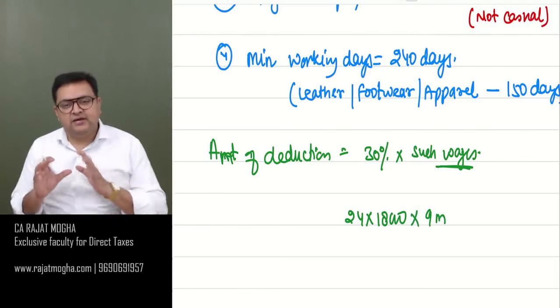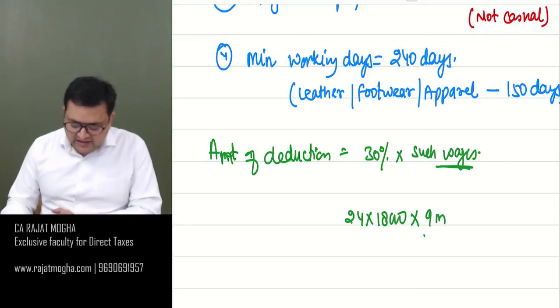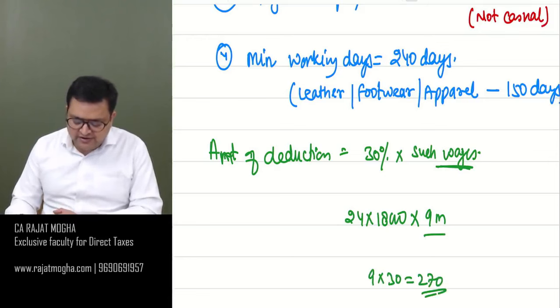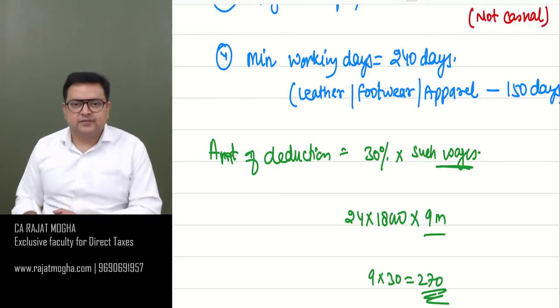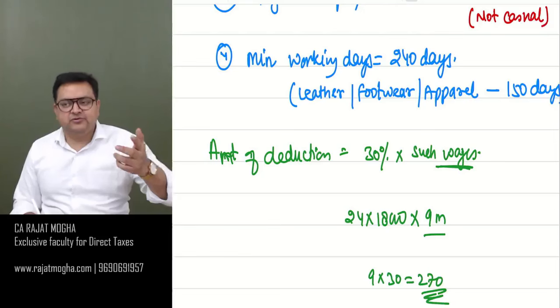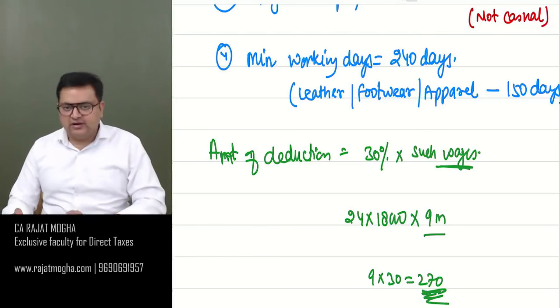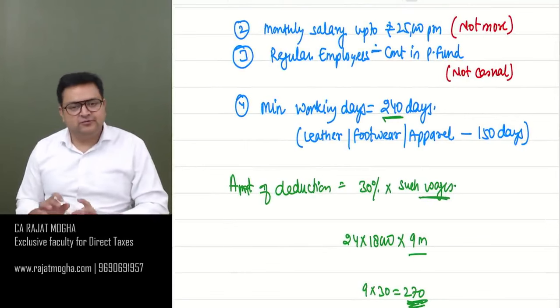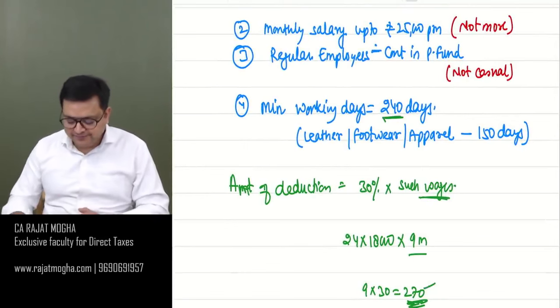First of all, are they eligible? 9 months is almost 9 into 30, around 270 days. You have to take this parameter also. So they were employed for around 270 odd days, which is more than 240. So they are allowed.